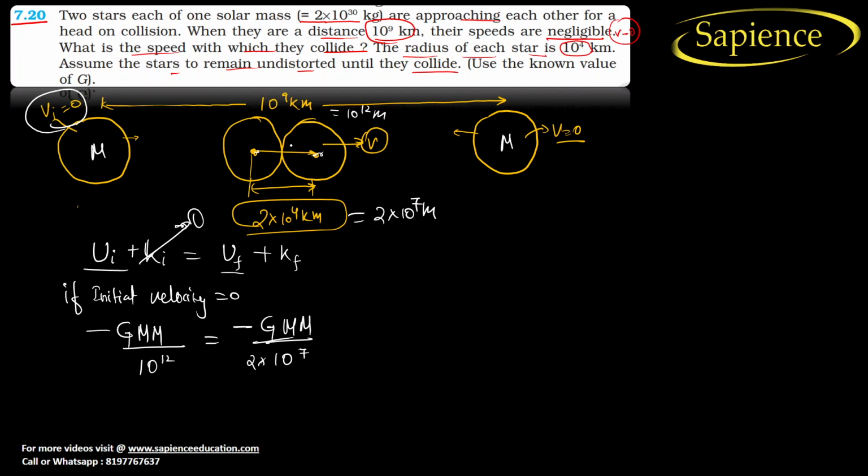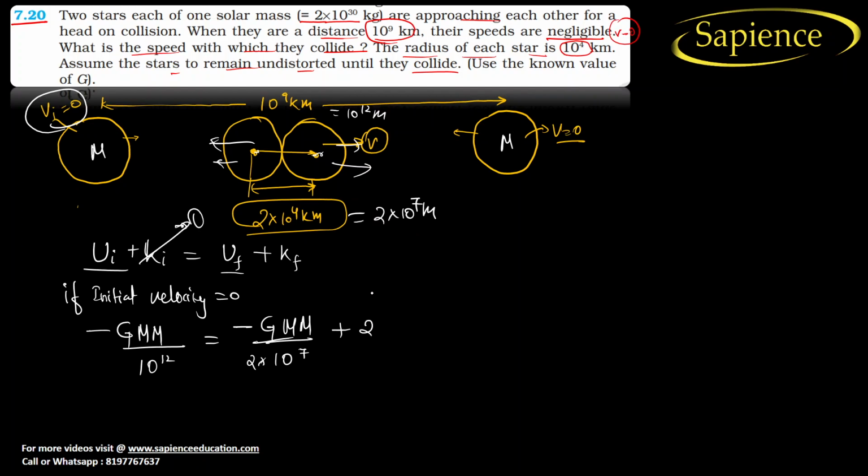Let us consider they have a velocity v in this direction. We are talking about the whole system, not a single entity. So the kinetic energy of each one, if you add, becomes 2 times, because they both have the same kinetic energy, since they have the same mass. They will go with the same velocity because of the collision.